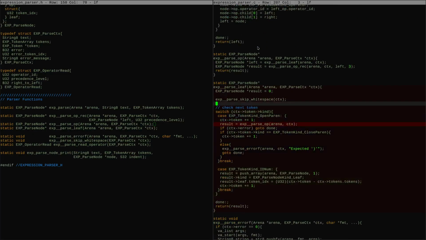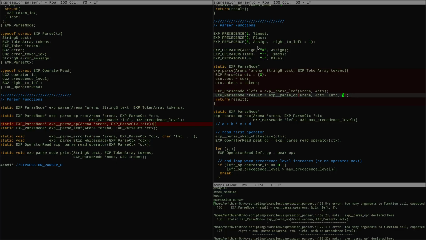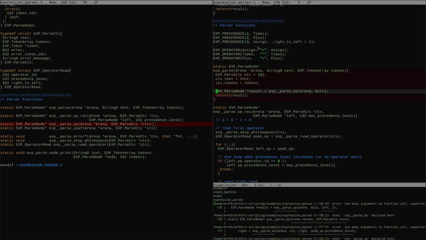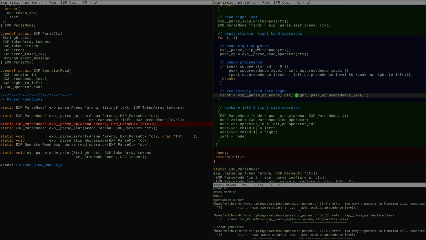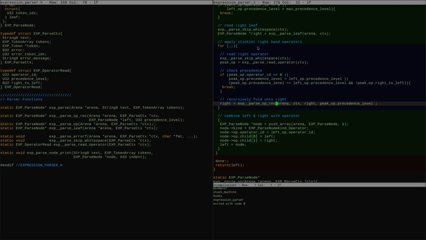And then you don't have to talk about this here, you don't have to talk about this here. Parse op recursive. There we go. Okay. Segfault. All right.